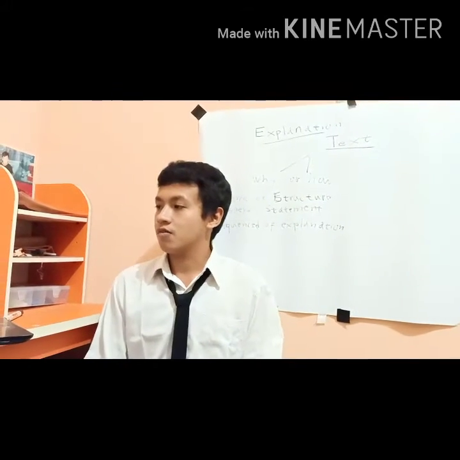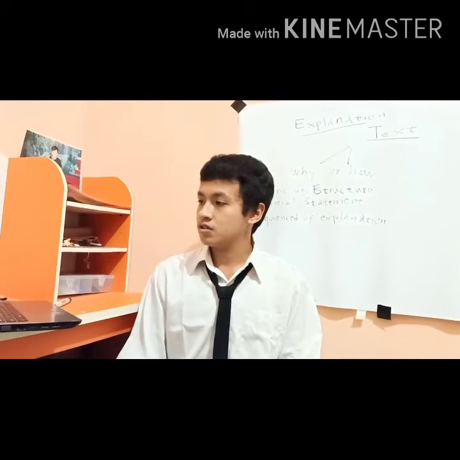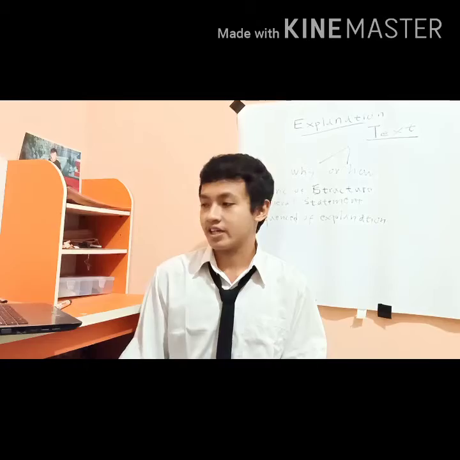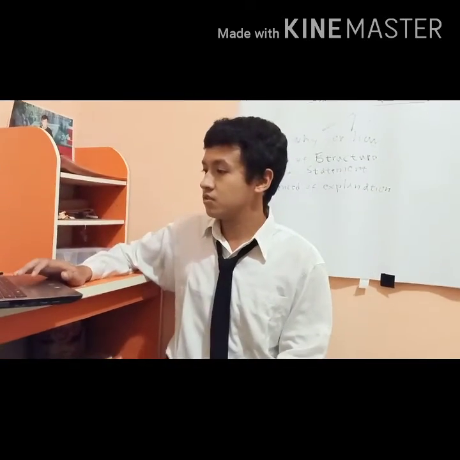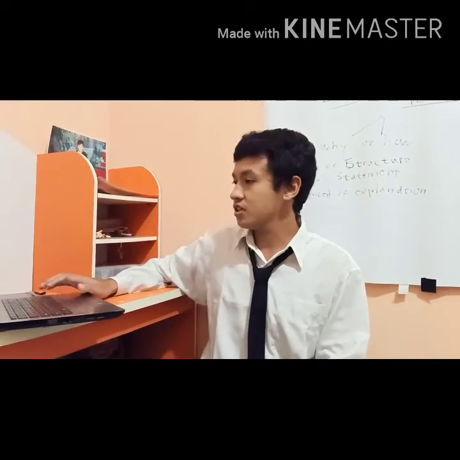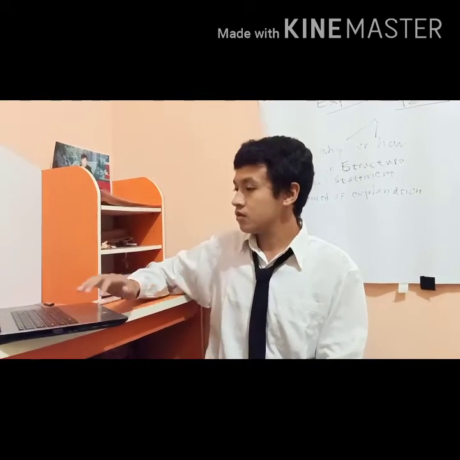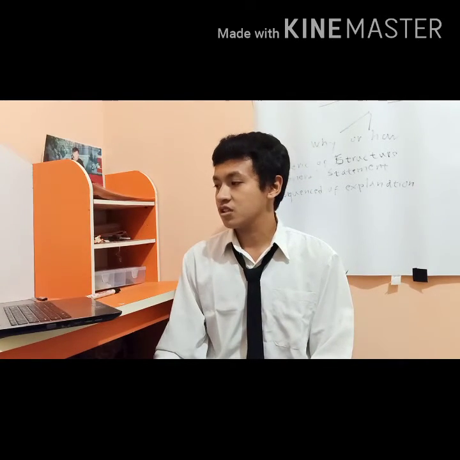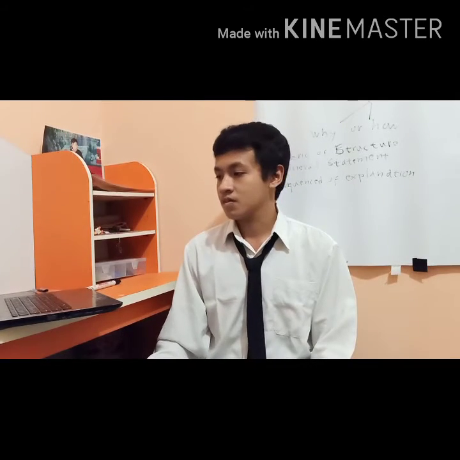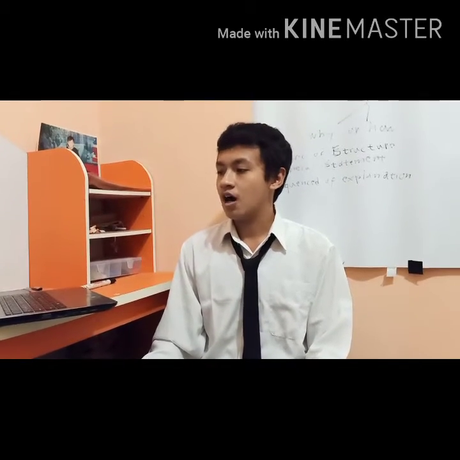After the generic structure of explanation text, we must know about the purpose of explanation text. The purpose of explanation text is to tell the process relating to forming of natural, social, scientific, and cultural phenomena, and to explain how or why something happened.